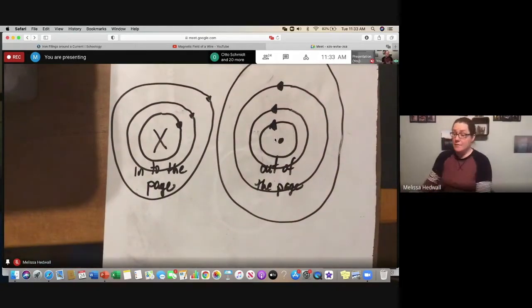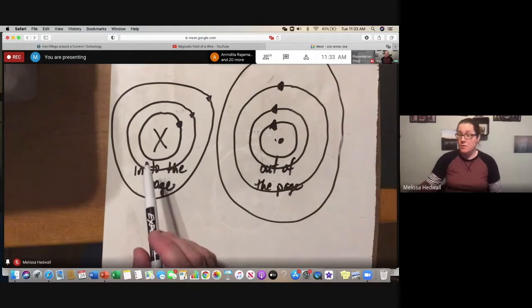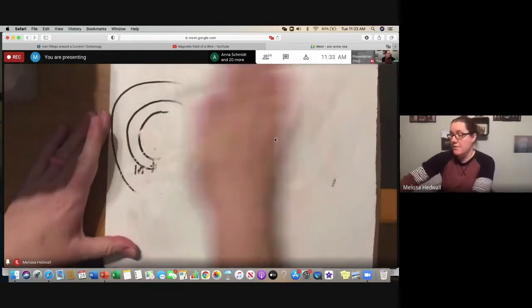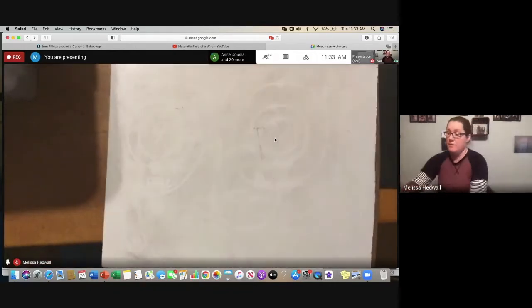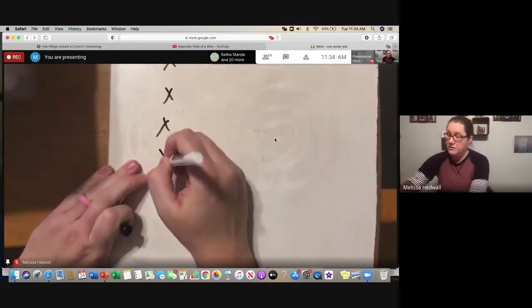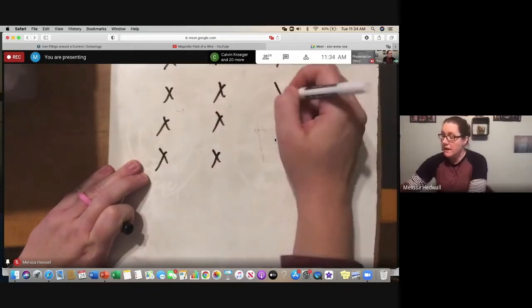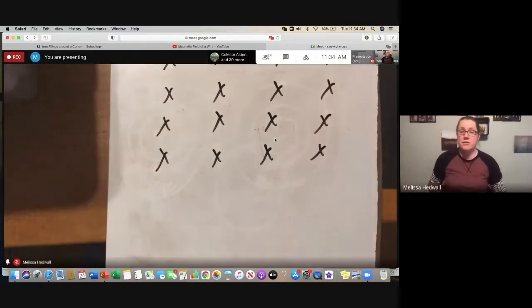And so anytime you see an X, it's going into the page. In the case of a current here, it would just be a singular X or a singular dot representing into or out of the page. The next thing we'll talk about is what happens in a field. Sometimes you'll have a magnetic field where it'll have a whole bunch of X's. If you see a bunch of X's, that's indicating that you have a field that's going into the page.